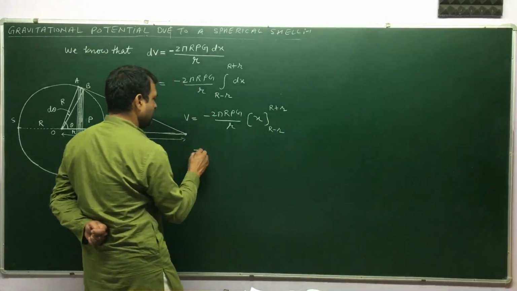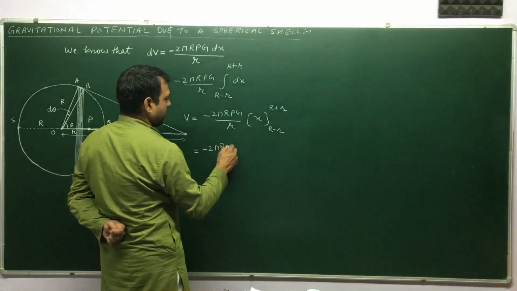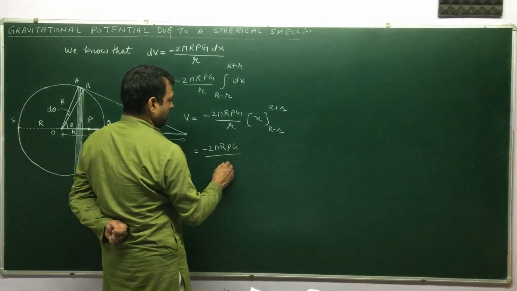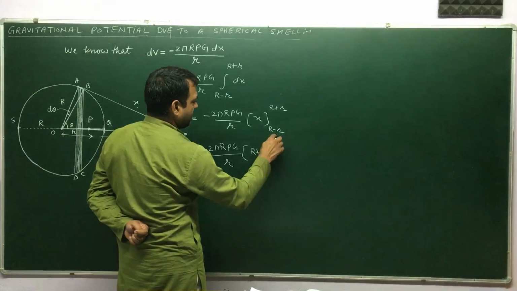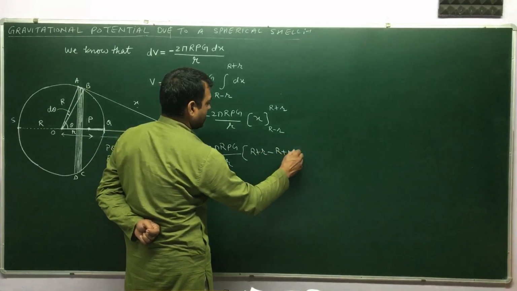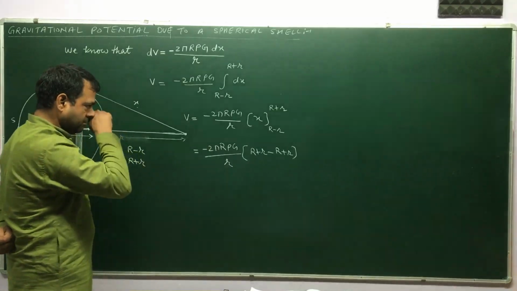Now substituting our limits of integration, we get the upper limit R plus r minus the lower limit, which changes the sign of both r.